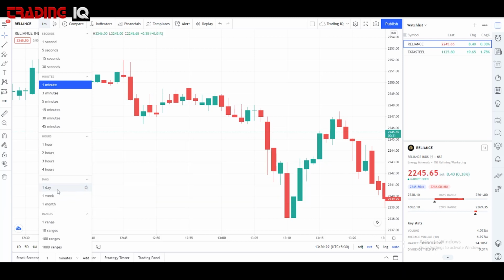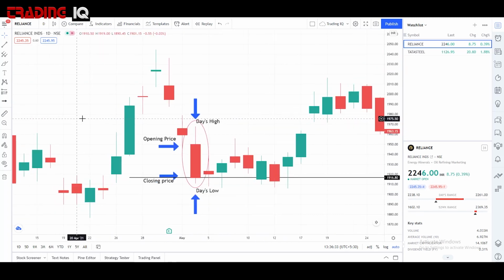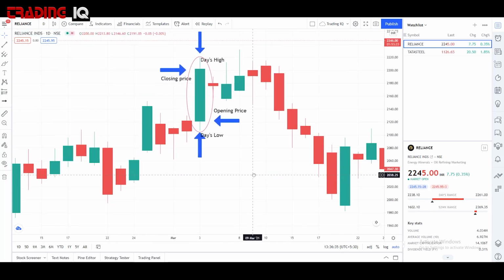So let's go to the daily time frame where I've made some drawings for you to understand. So this is a candle, right? This is a candle which I explicitly marked here. This is a daily candle, and this is similar to the charts that we used to study in our academics. It has an x-axis and y-axis.